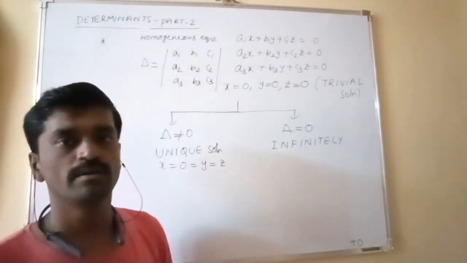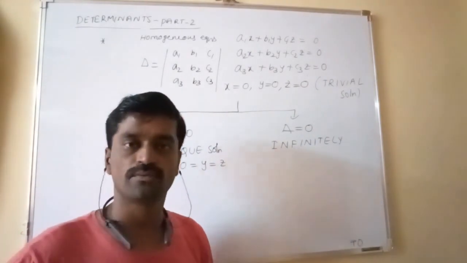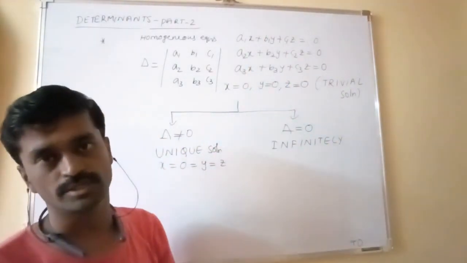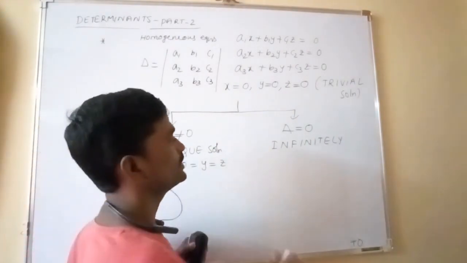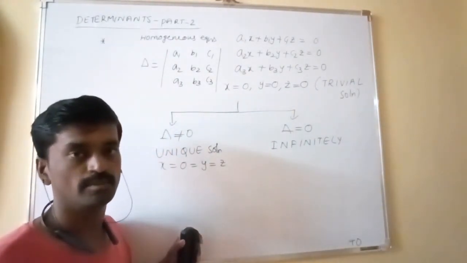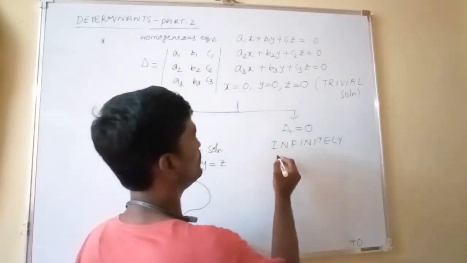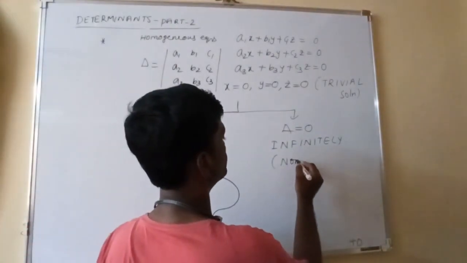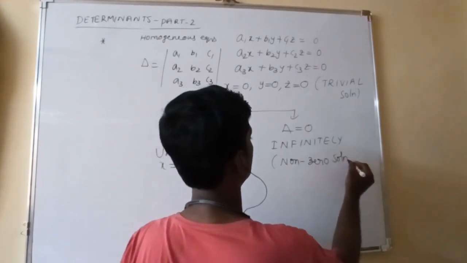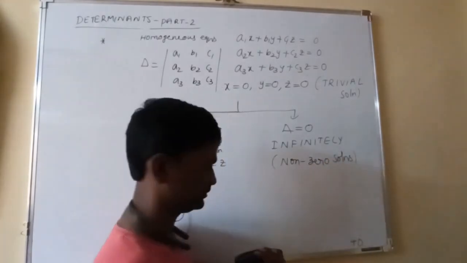So automatically there are infinitely many x, infinitely many y, infinitely many z satisfying these three equations. And here the system of equations has infinitely many solutions, and those solutions are nothing but non-zero solutions.